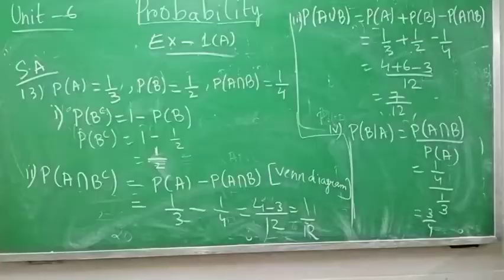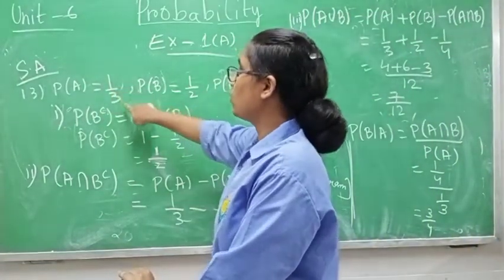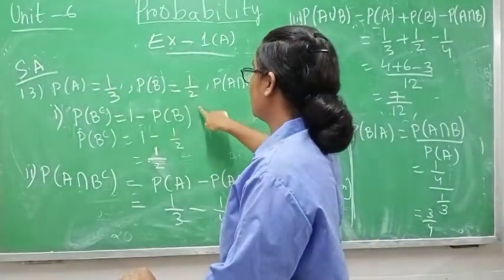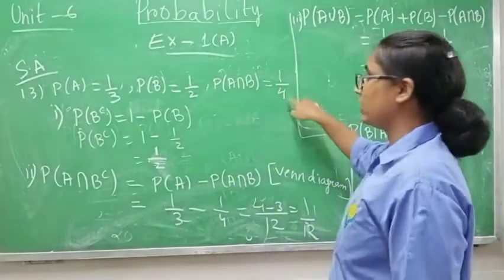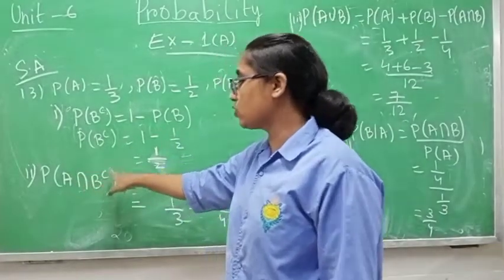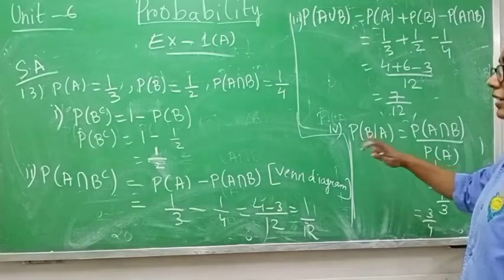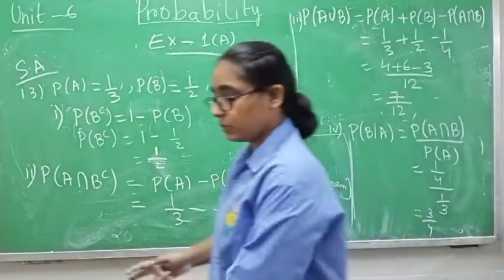Copy this one. Class 12, see question number short answer 30. It is given P(A) equals 1/3, P(B) equals 1/2, P(A intersection B) equals 1/4. And they are telling you to find P(B complement), P(A intersection B complement), P(A union B), P(B by A) and 2 more. First I am completing up to here.